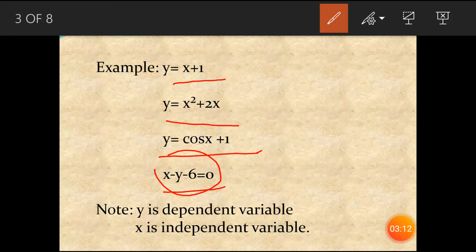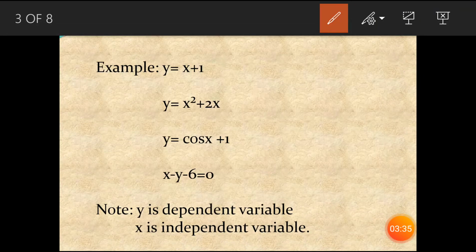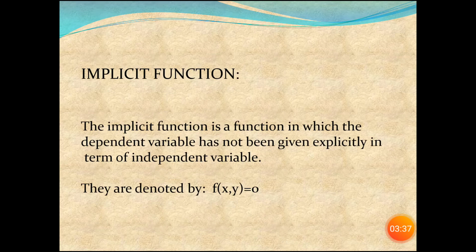So it is easily and clearly expressible, and then we say that they are explicit functions. This side can contain trigonometric functions, exponential functions, any function, that doesn't matter, but it should be clearly defined.